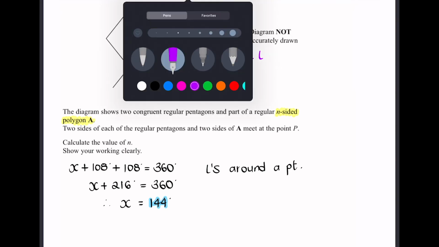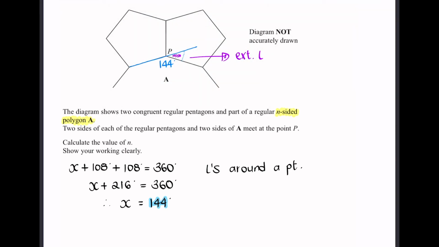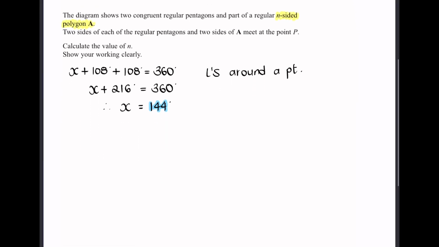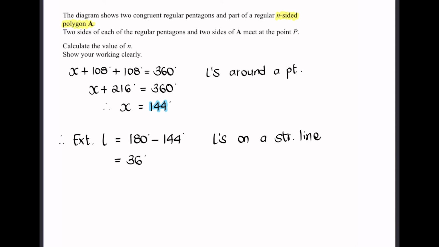And I'll be able to determine the size of that exterior angle by using angles on a straight line. So I would say, therefore, that the exterior angle would equal 180 degrees minus the 144 degrees. Why? Because it's angles on a straight line. So it would equal 36 degrees.